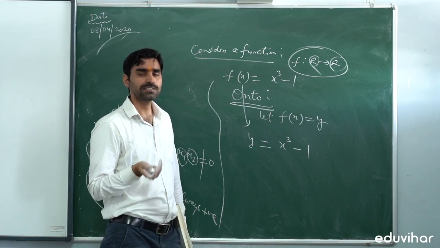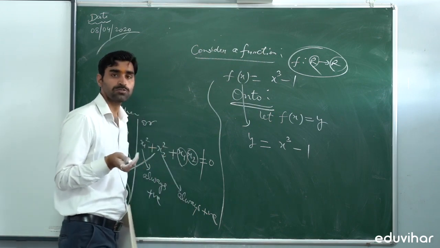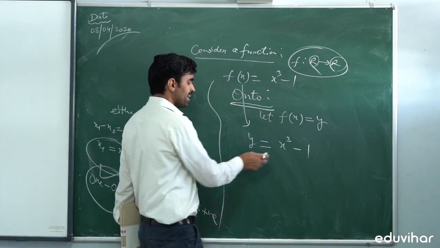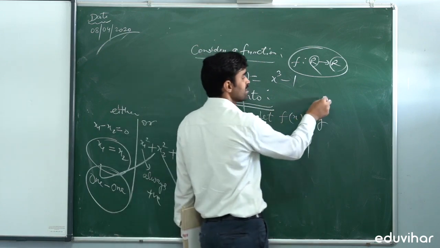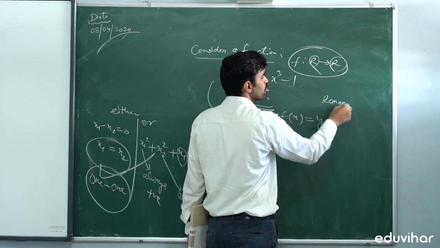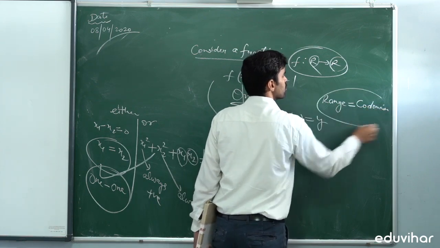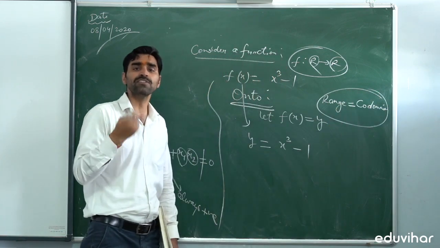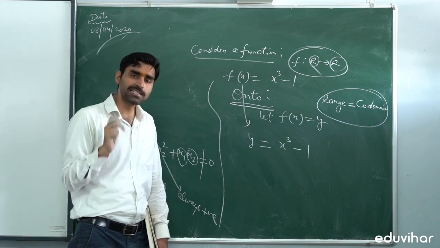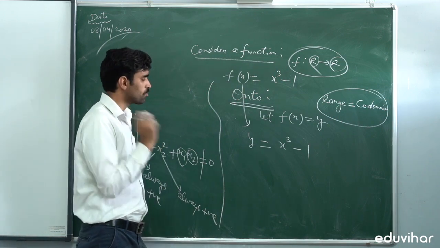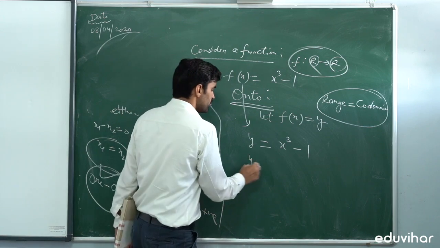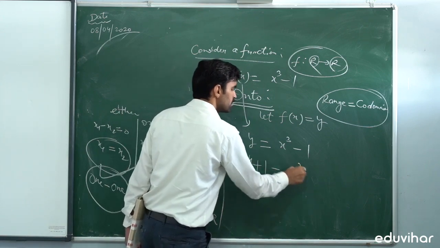If this is so, then the given function would be onto. In case of an onto function, we must have range equal to codomain, that is every element in the codomain must have its pre-images in the domain. Then y plus 1 equal to x cube.